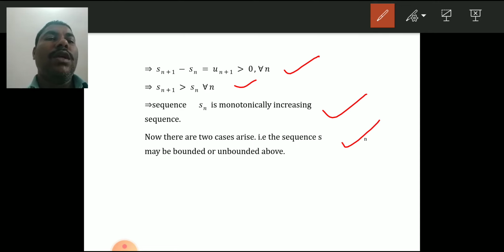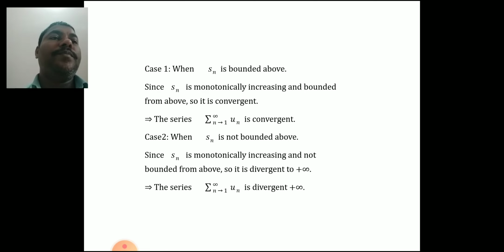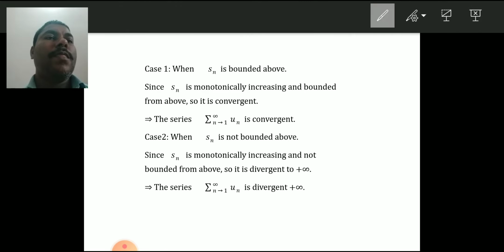Now two cases arise: the sequence may be bounded or unbounded. Case 1: when Sn is bounded. Since Sn is monotonically increasing and bounded from above, it is convergent.